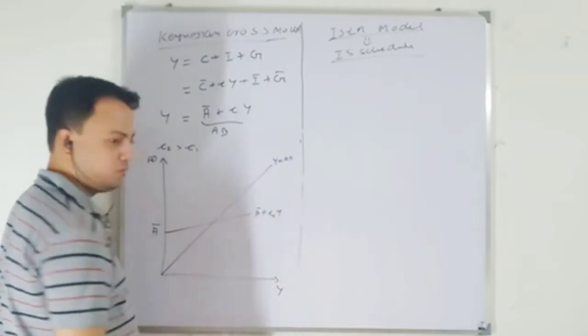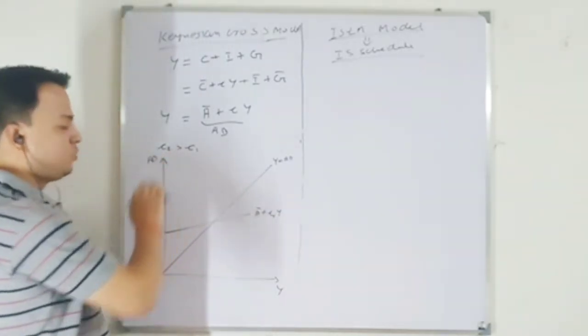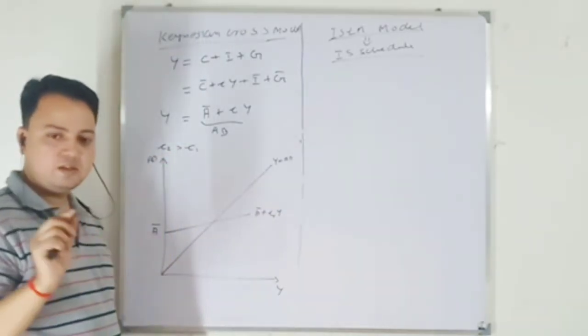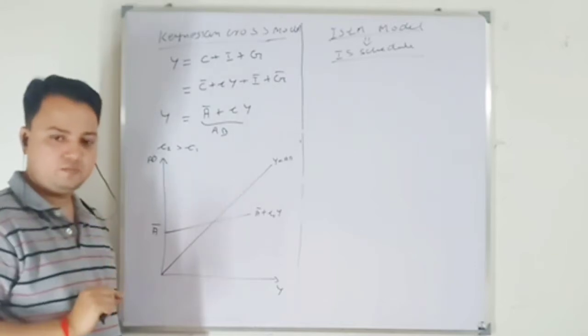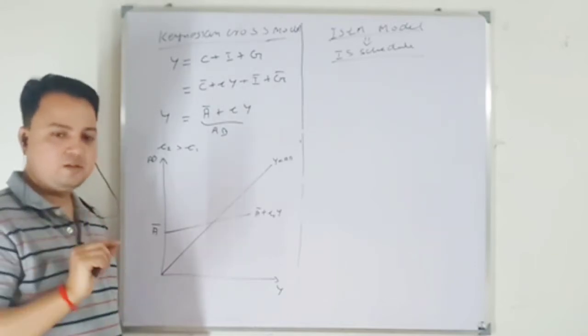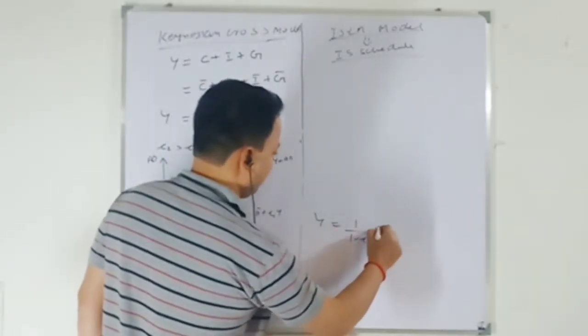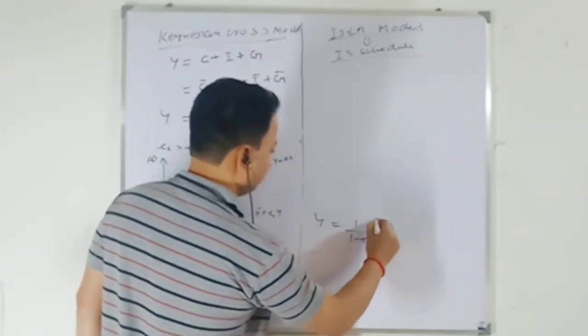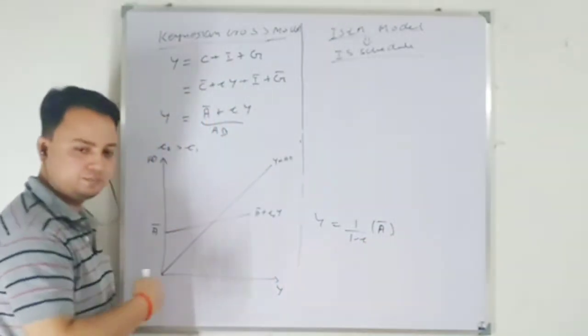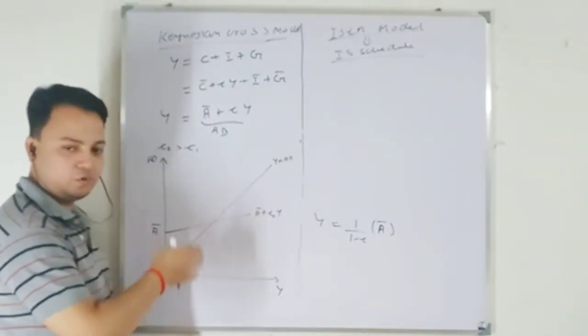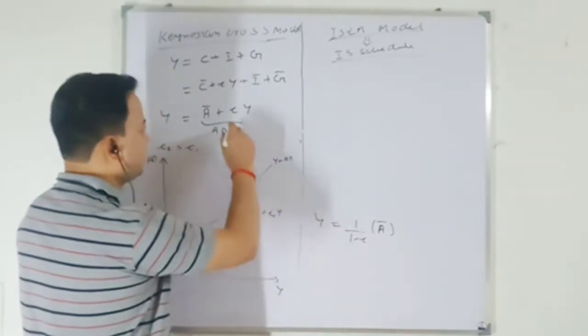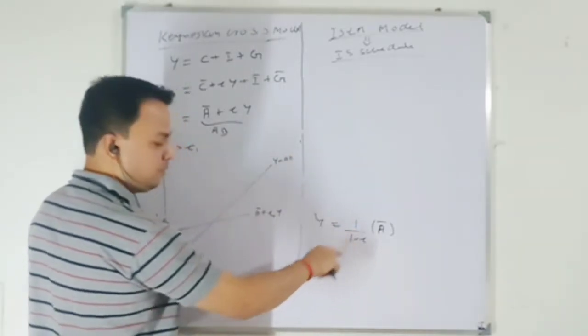This is based on consumption level 1. When my MPC increases, that means leakage is reducing. If you remember, y equals the autonomous part times 1 over 1 minus c. When we are solving numericals, because I have taken tax to be 0, my multiplier will be this.